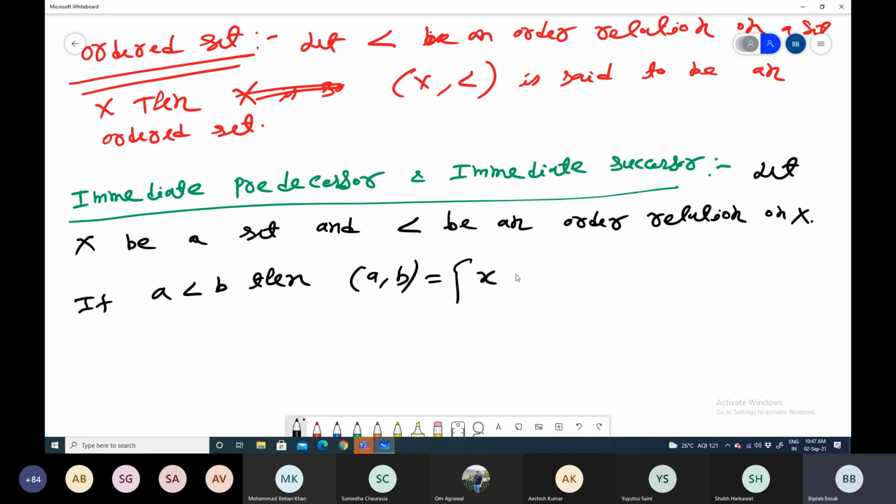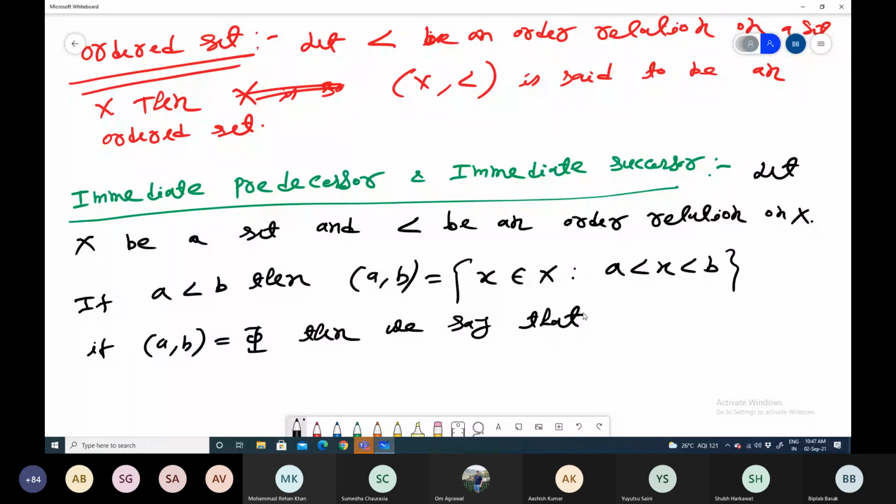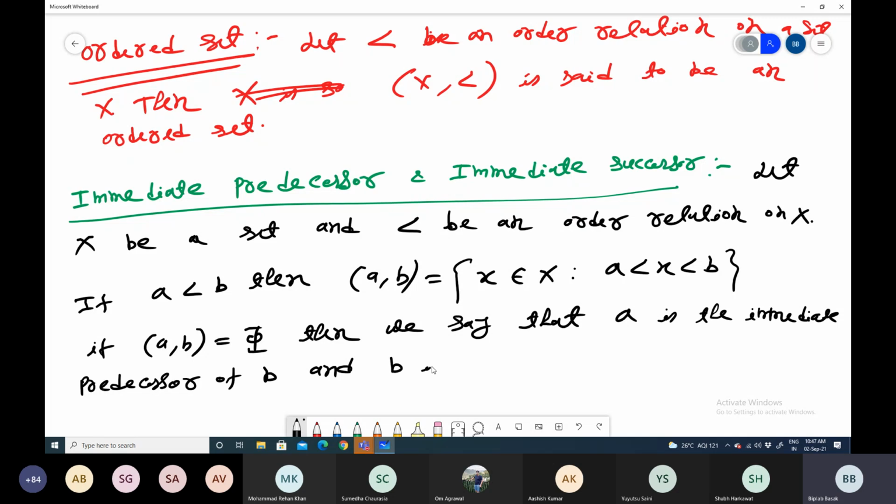That means it is all the elements X such that A less than X less than B. Now if this set is empty, then we say that A is the immediate predecessor of B and B is the immediate successor of A.